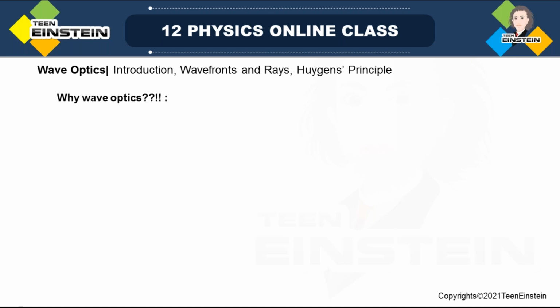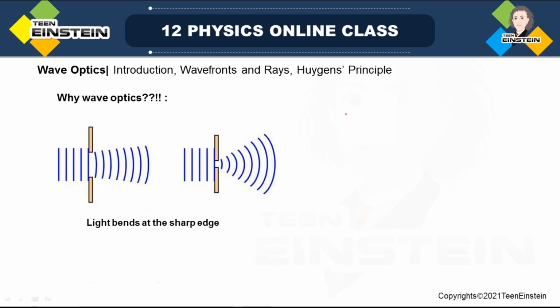So why wave optics? In ray optics, we have seen that light travels in a straight line. It doesn't get bent while traveling from one place to another unless there is an obstacle. Even if there is an obstacle, the light is stopped, and there will be a shadow, dark. But it is seen experimentally that light actually gets bent at a sharp edge.